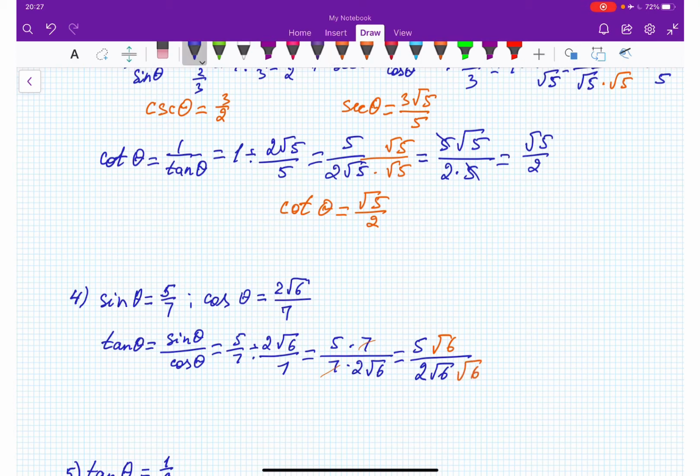So the answer is going to be 5 square root of 6. Here I will get 2 times 6. Okay. 5 square root of 6 over 12.